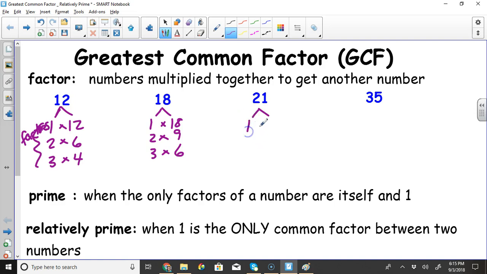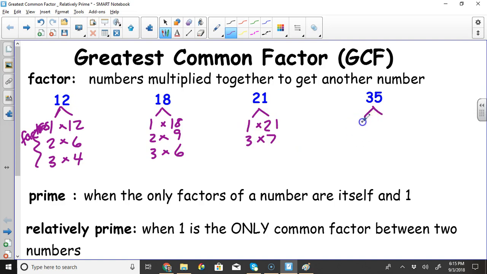How about 21? 1 times 21, 2, no. 3, yes. 3 times 7. 4, no. 5, no. 6, no. 7, yes, and we've already listed it. So that's kind of how you know that you're done. So 21 has 4 factors.